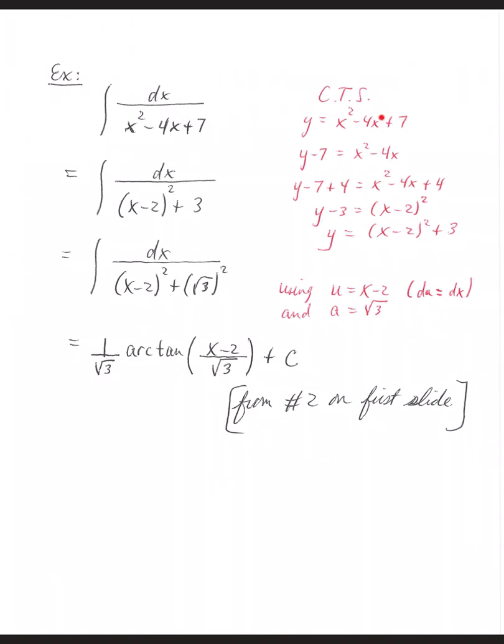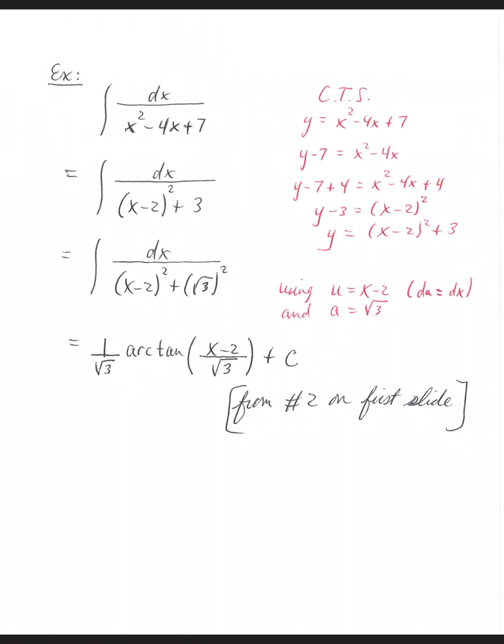If I want to write the denominator as the sum of two squares, I'm going to leave the x's together and move the 7 over, and it'll become negative 7. Completing the square, remember you take half of the coefficient of x, which is negative 2, and you square it, and that's positive 4.